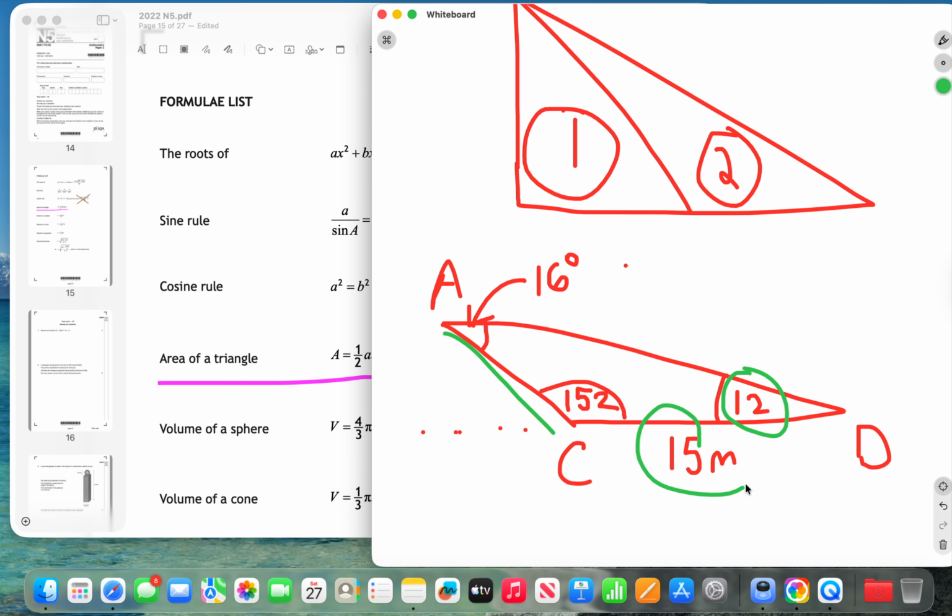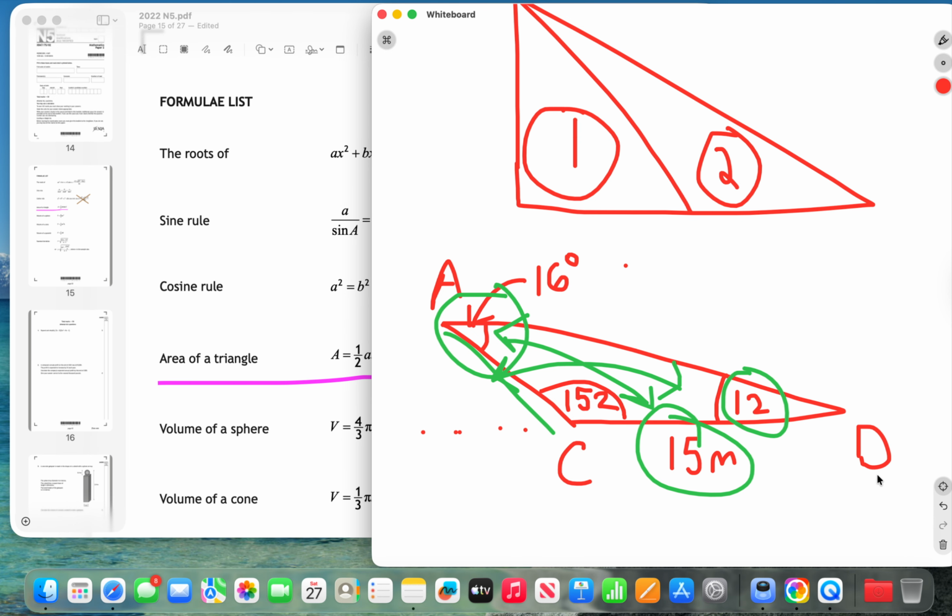We know this and we know this. So we have a pair of sides and angles, and we know both of them, and we have this second pair of sides and angles. We know an angle and want to find a side, so we can substitute that into the sine rule.